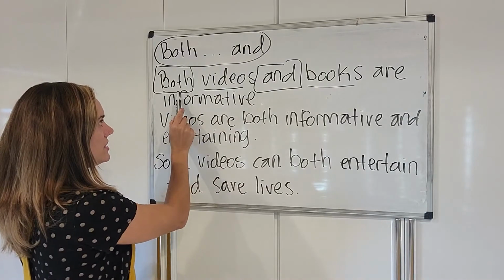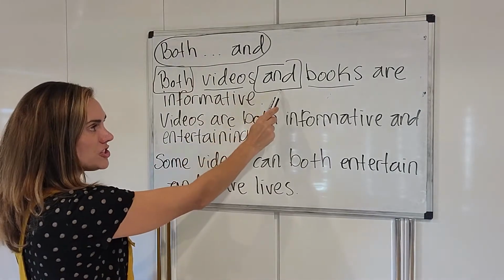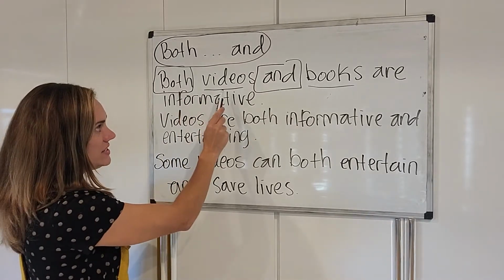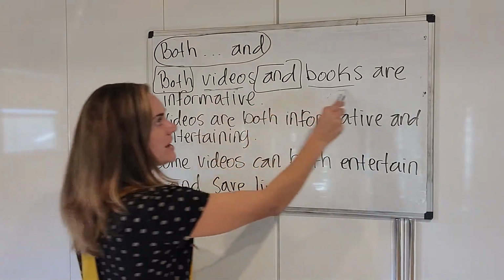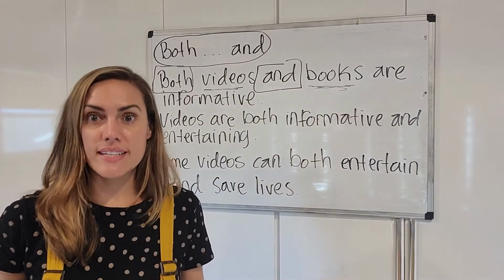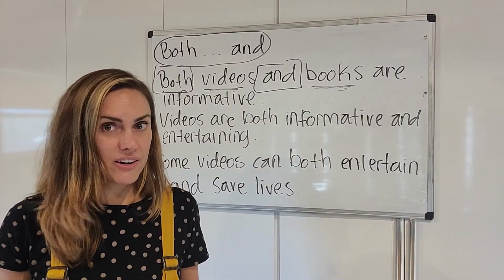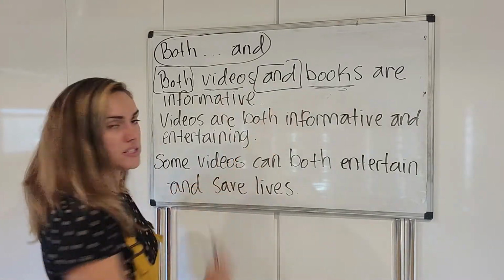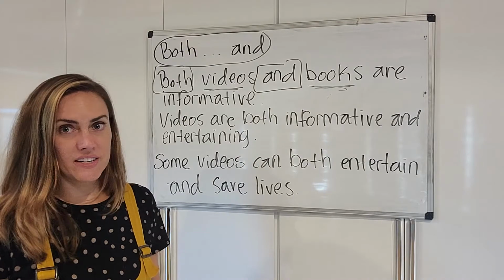I'm using the conjunction "both" and the conjunction "and." So after each of these, I must have words or phrases or sentences that are parallel and balanced. Do I have that? Videos, books, they're both nouns, so yes, I do.